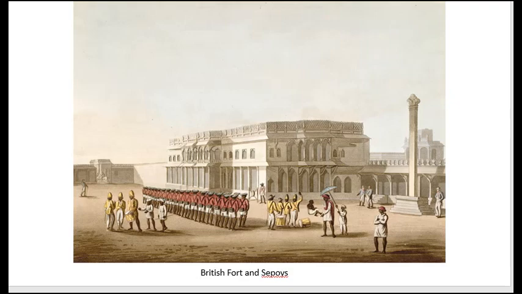This massive uprising, which nearly threw the British out of India, caused a number of British colonial administrators and their families to be killed. And what ultimately happened was the British government realized that the East India Company could no longer effectively rule India in the wake of the Sepoy Rebellion, or Sepoy Mutiny as the British called it, and began to replace it.